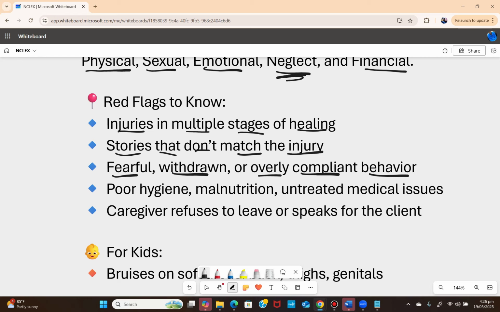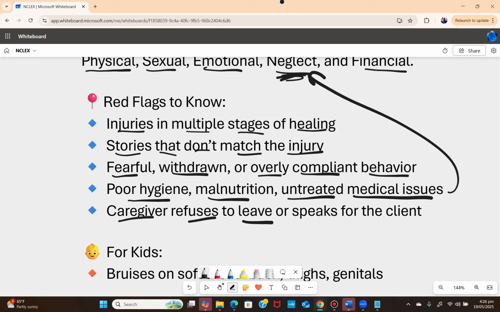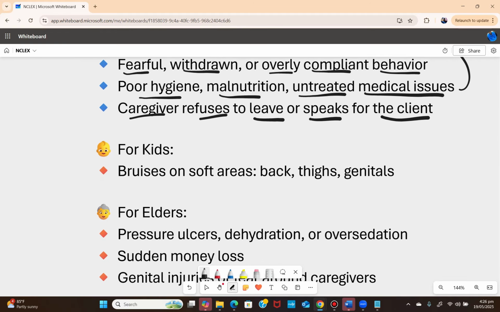Now, if it's neglect, right here we are talking about poor hygiene, malnutrition, untreated medical issues. This is your neglect right here. Caregiver refuses to leave or speak for the client, sign of abuse. All these things you need to know. You will see the NCLEX definitely going to use one of them.